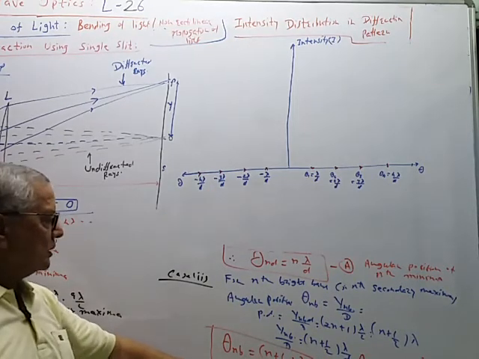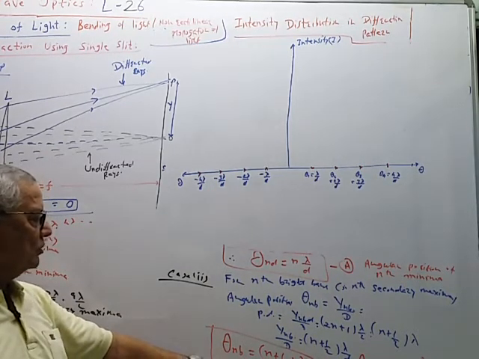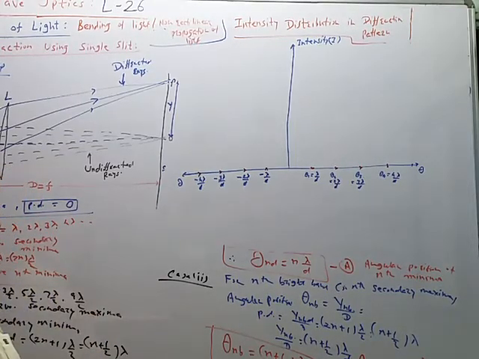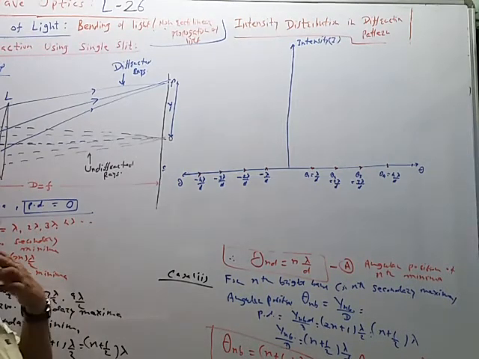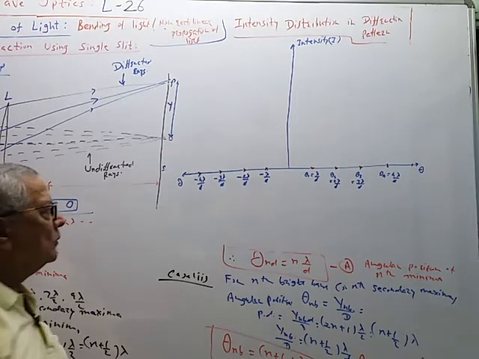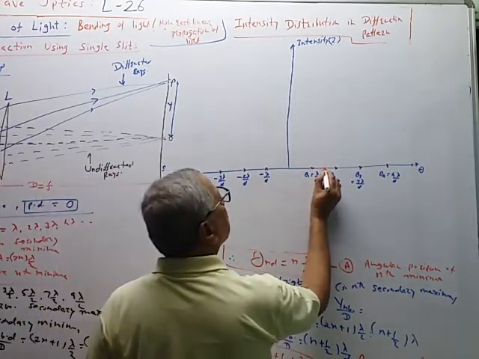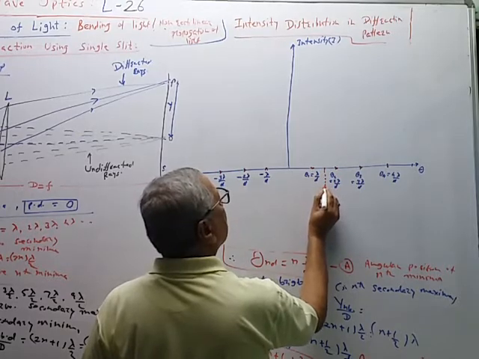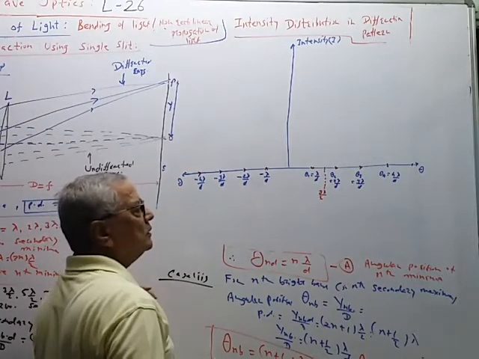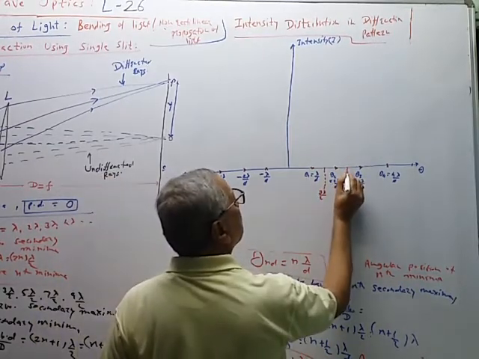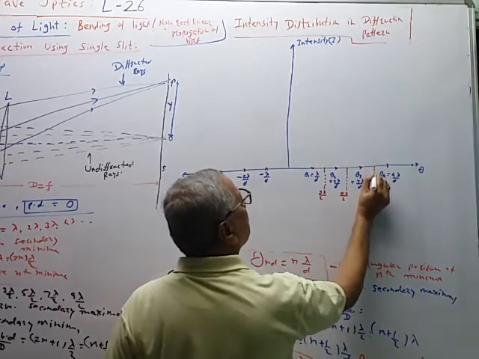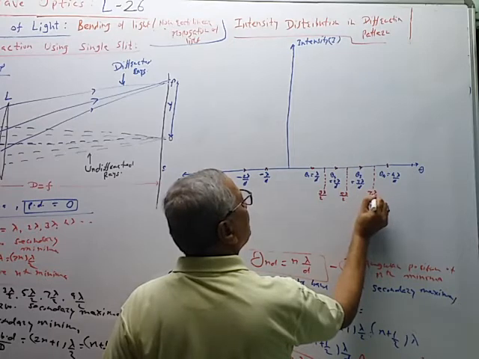Now, using this condition, we can see where the first bright band and second bright band will be. When n is equal to 1, this is 3 lambda by 2. So this is the point. I will see this value here. 3 lambda by 2 is the first maxima, intensity I1. This is 5 lambda by 2, then 7 lambda by 2.